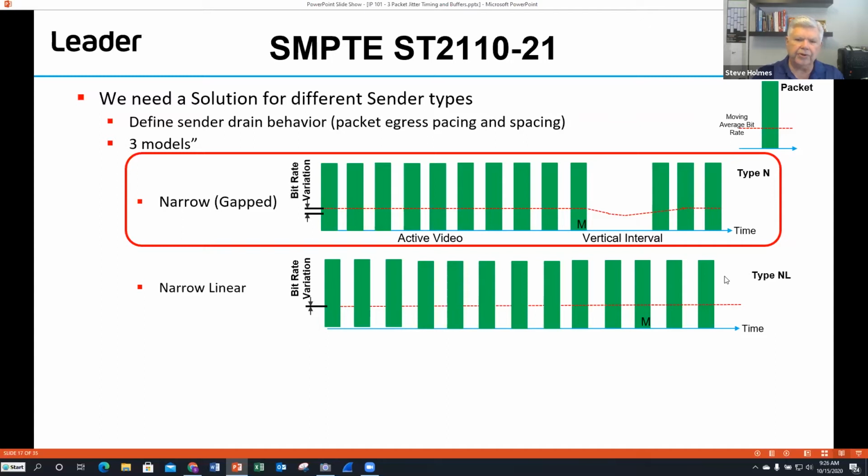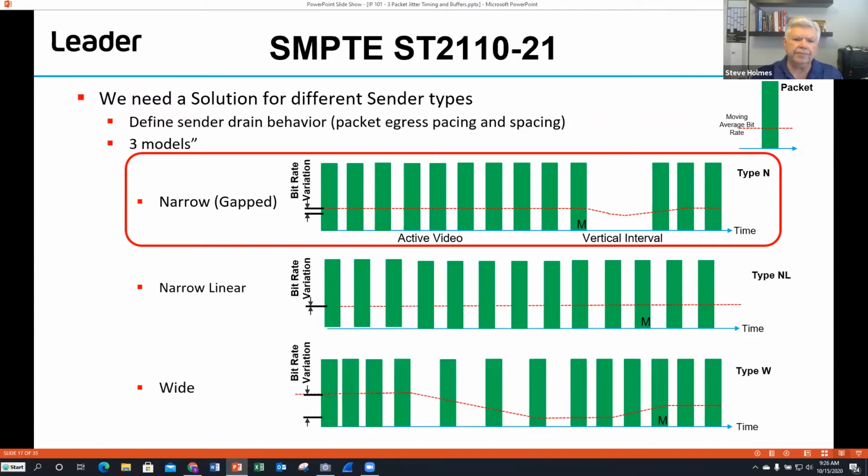The third transmitter is the wide transmitter, which is the software transmitter coming out of just a conventional NIC. So the processor itself gets in the way of putting this data out, and you get a lot more of an accordion effect looking at the data coming right out of the transmitter.